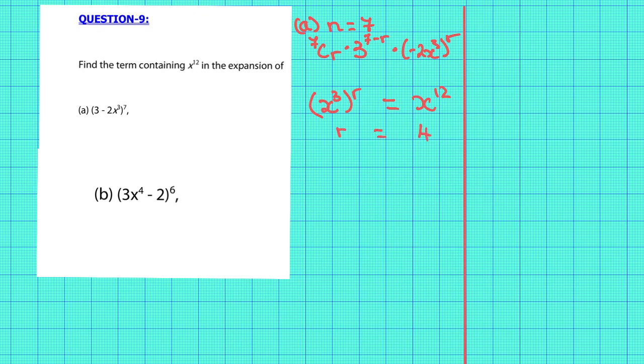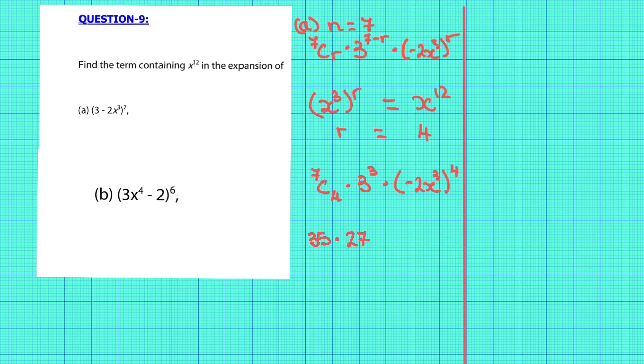giving r is equal to 4. Substituting r equals 4 gives 7 choose 4, 3 to the power of 7 minus 4, which is 3, (minus 2x cubed) to the power of 4. 7 choose 4 is equal to 35. 3 cubed is equal to 27.